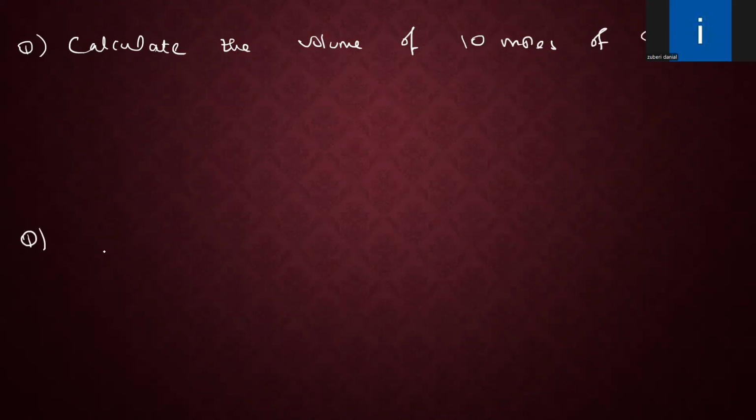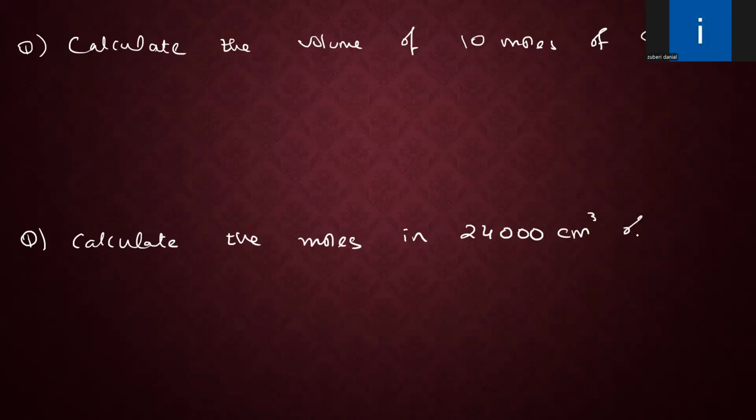Second question, you may proceed with calculate the moles in 24,000 cubic centimeters of nitrogen gas. So this is given that 1 cubic decimeter equals 1,000 cubic centimeter. ये दोनों करो फिर मुझे बताओ.